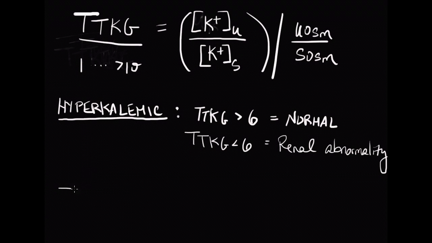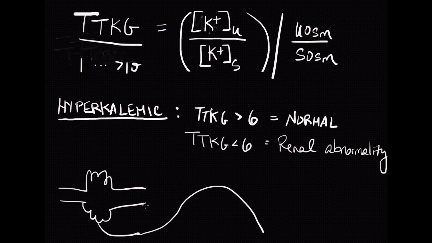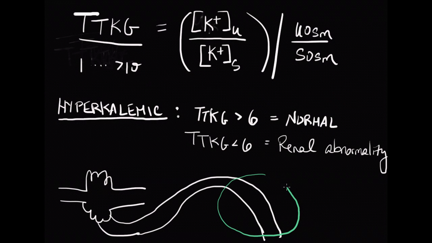Now let's go through that one more time. Here's my rough animation of a glomerulus, and by now you may realize that I like drawing this picture over and over again, but it really helps solidify a lot of concepts. The area that we're focused on in terms of potassium management is here in the distal convoluted tubule and the upper part of the collecting duct, or the cortical collecting duct.